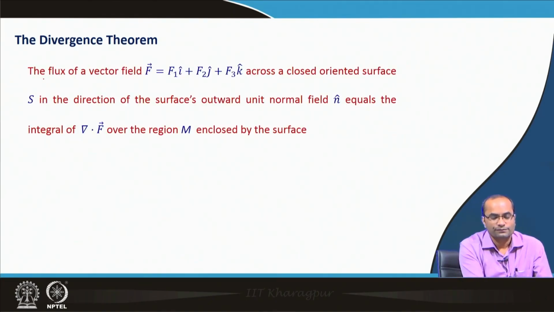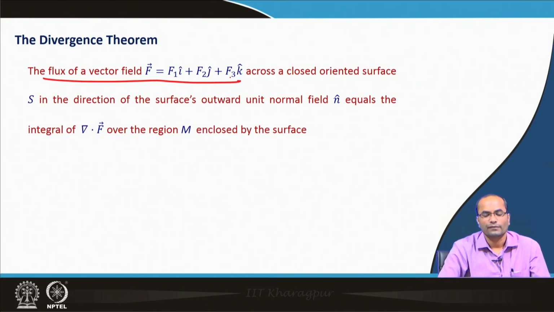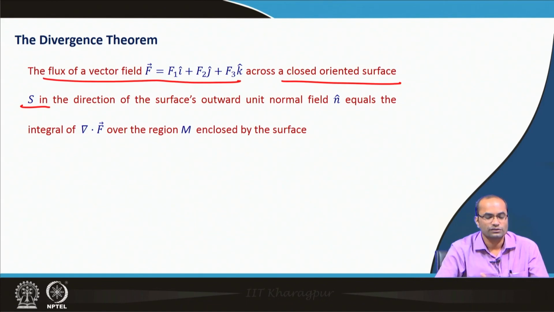So, just to conclude again, what is the divergence theorem? The flux of a vector field f1, f2, f3, the 3 components, across a closed oriented surface. So, these terms we have already discussed before. So, we have a closed surface and it is oriented. So, we have the normal, which is normally defined in 2 dimensions. That means, we have the 2 sides of the surface which are distinguishable, and in the direction of the surface, the outward unit normal n.